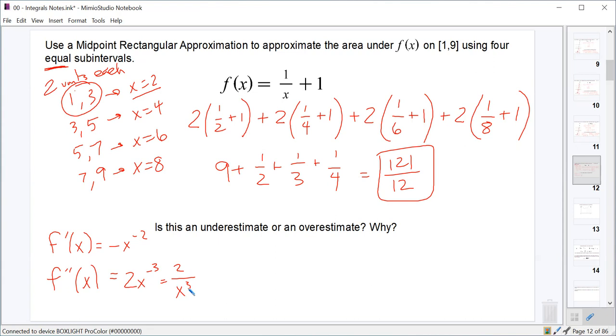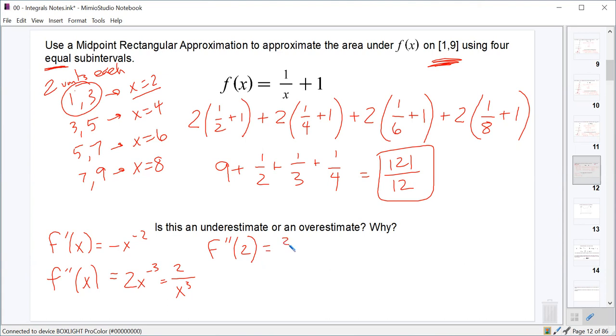And we can see that the only place this thing might change concavity would be at x equals 0. And x equals 0 is not on our interval, so that means that this function is either always concave up or always concave down on our interval. All we have to do is evaluate it at any number between 1 and 9. So let's say f double prime of, I don't know, 2.